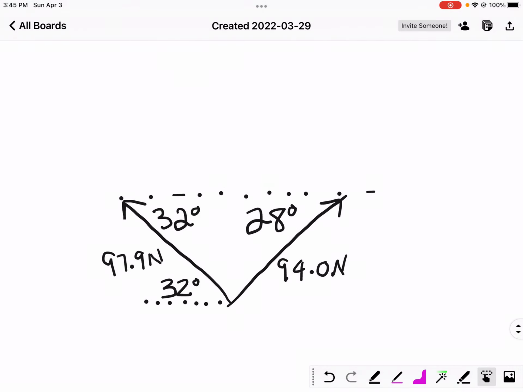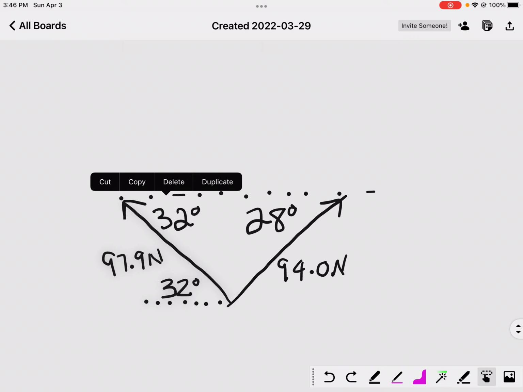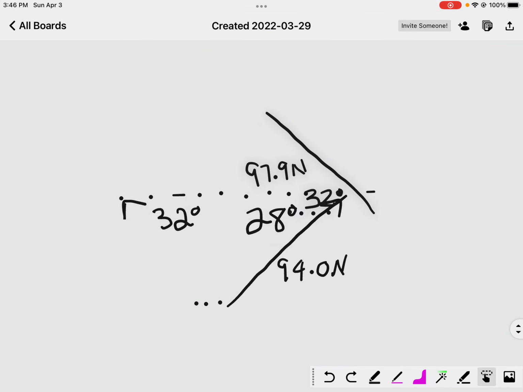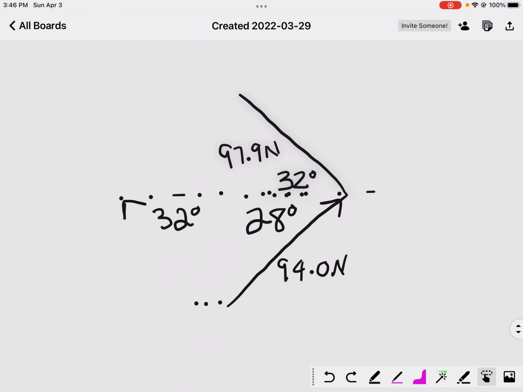Now, again, we have two forces acting on the object. However, it's better if we think of this as one then the other. So I'm going to try my best here to take this and move it up there, and this looks pretty good.